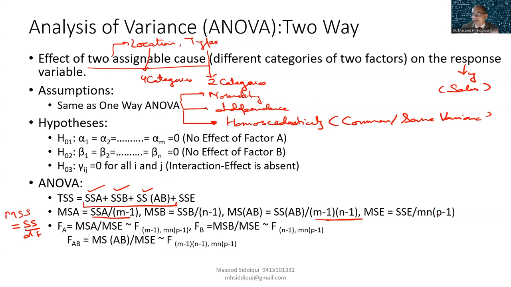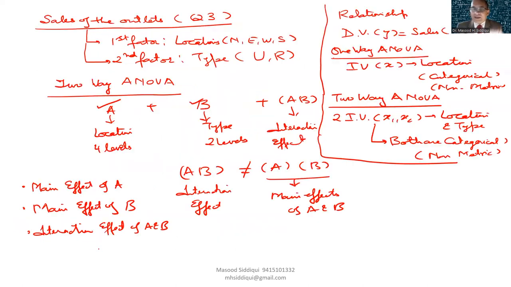The remaining one is for the error term. Accordingly, we perform the test for A through the F statistic, perform the test for B for checking significance through the F statistic, and finally we perform the test for the interaction effect.